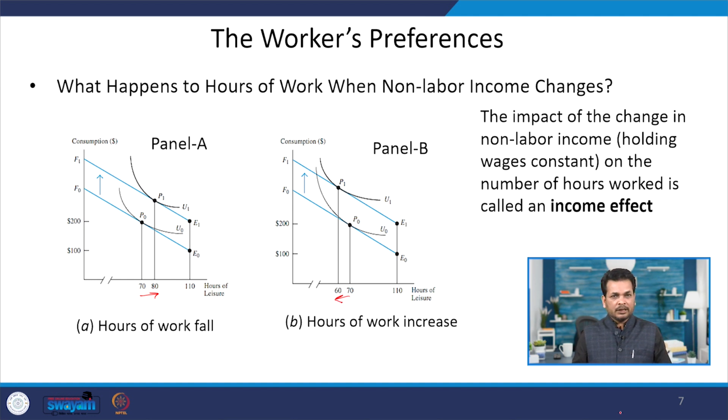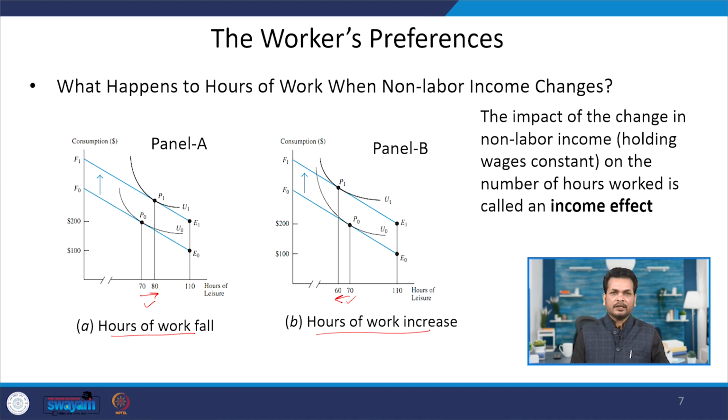On the contrary, the work hours have decreased in panel A, and the work hours have increased in panel B. Now, we have a set of contradictory results when there is an increase in the non-labor income. The impact of changes in the non-labor income, holding the wage constant, on the number of hours worked is called the income effect.